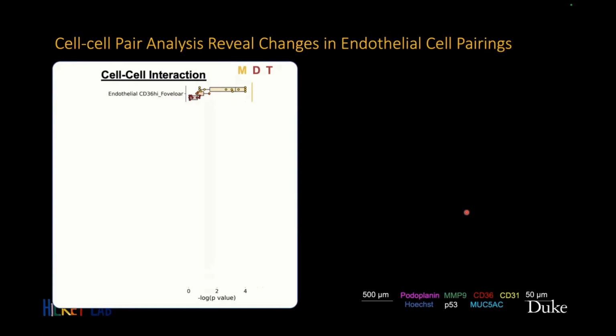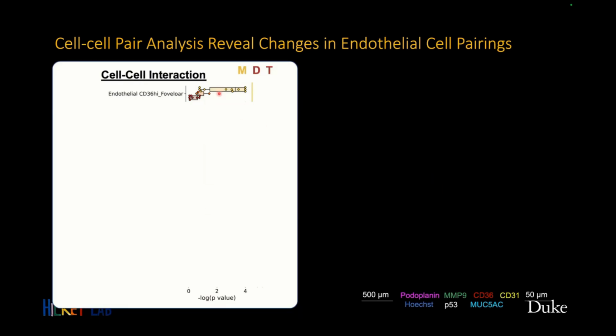Another thing that we did after this was looking at cell-cell pair enrichments. And the way that we did this is we permuted all the cell type labels across the image and then looked at cell-cell interactions that happen more than chance.